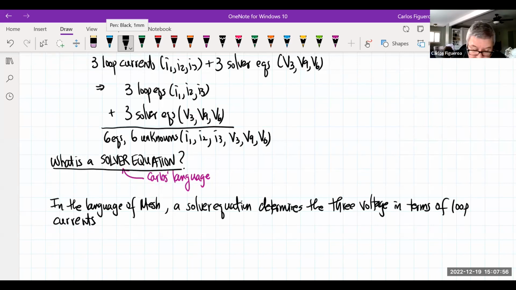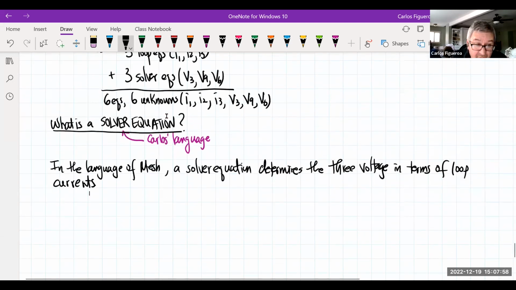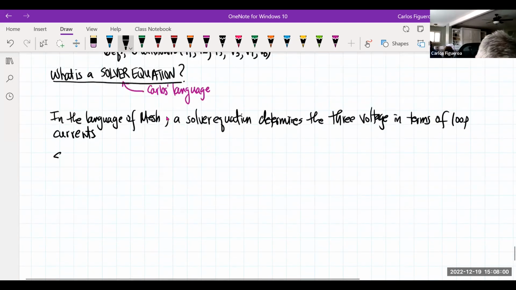So here we go. Let's go determine the solver equations. So here, this is the solver for V3 ohm.